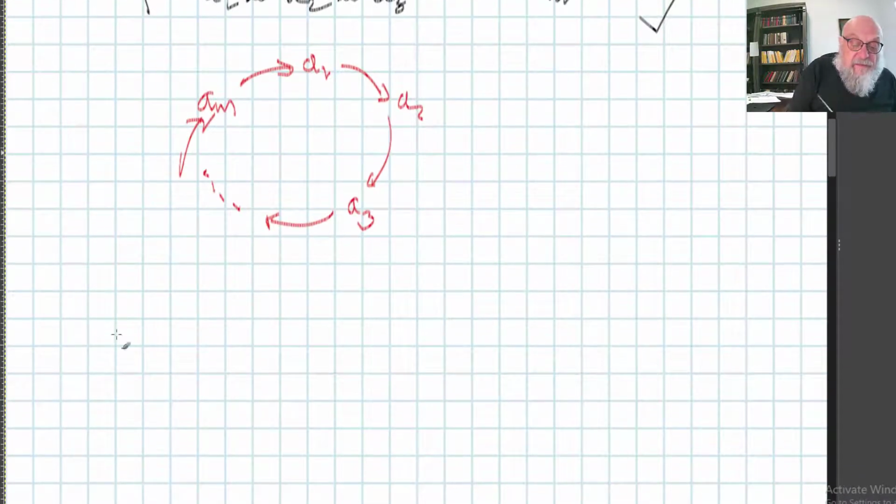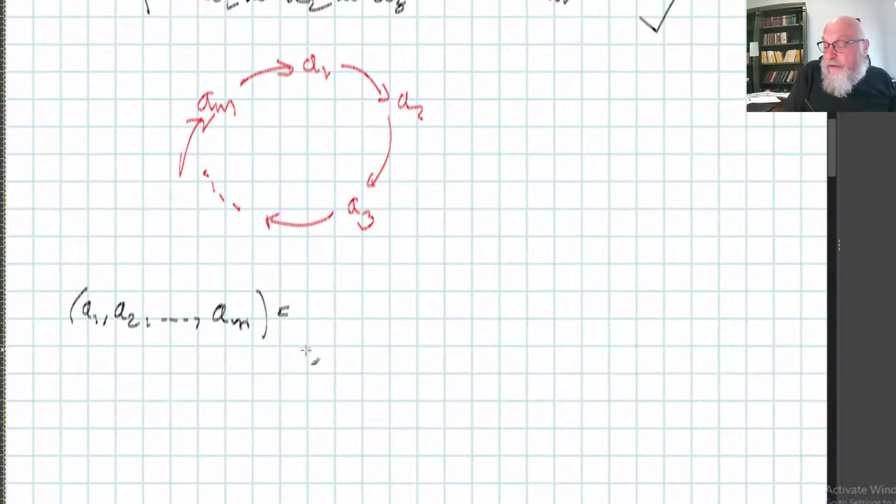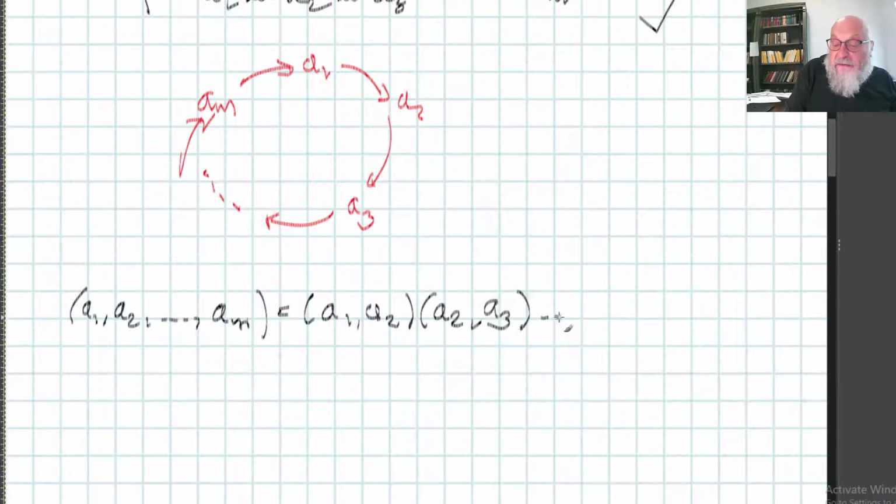So notice, for example, just for practicing, that the cycle (A1 A2 ... AM) can be written as the composition of transpositions. So look what I have here: (A1 A2), (A2 A3), up to (A(m-1) AM).